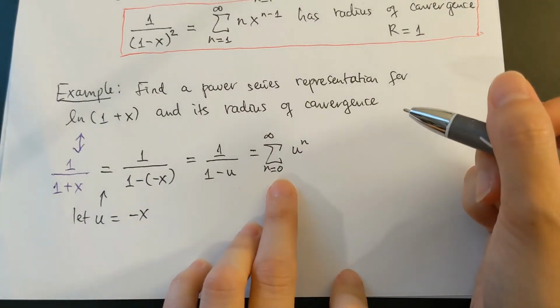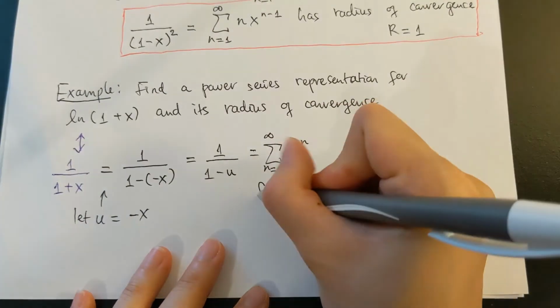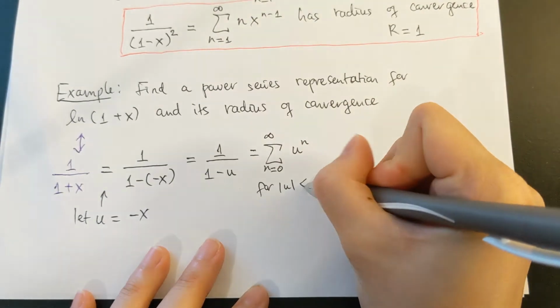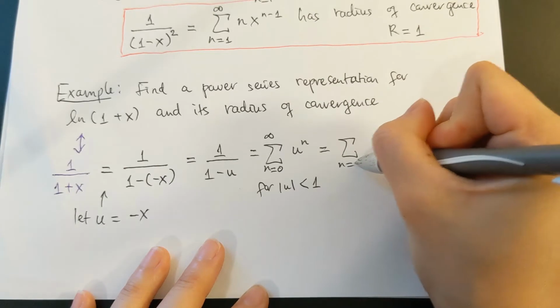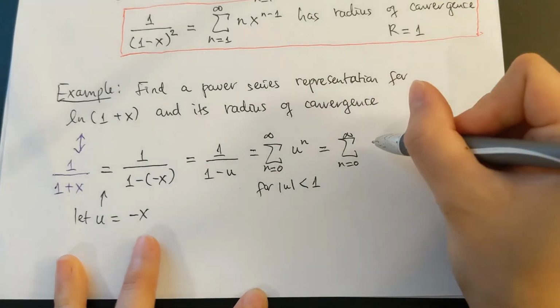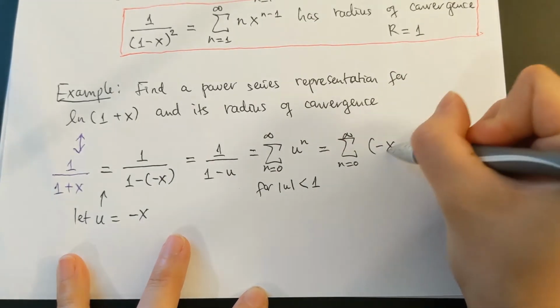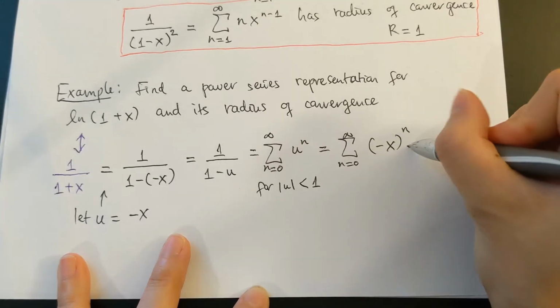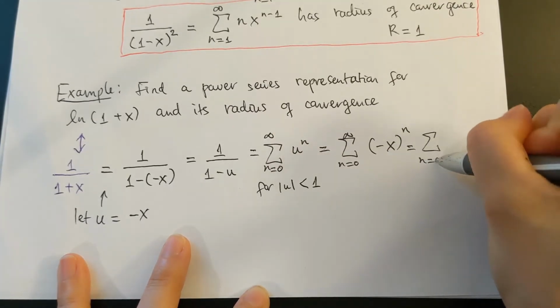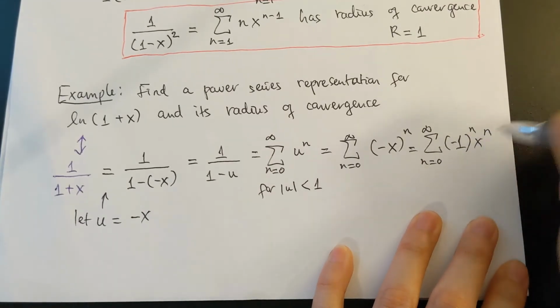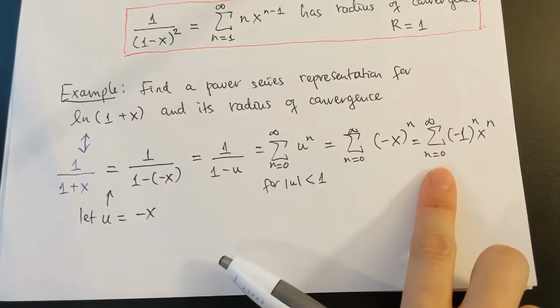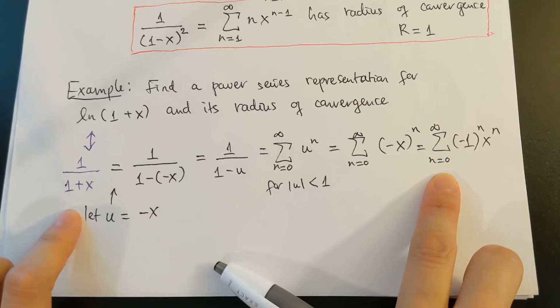So this is true as long as magnitude of u is less than 1. Then you replace u equal minus x in there. So we get minus 1 to the n, x to the n. So here's the power series representation for this.